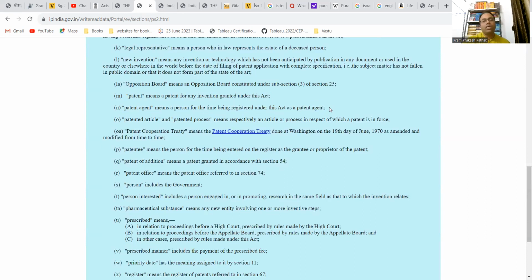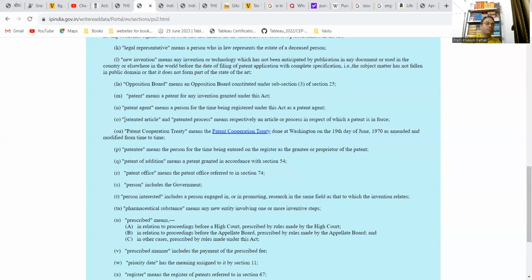Even if he has passed the exam and was once registered as a patent agent, but somehow his name is not there in the register, then he is not called a patent agent. For the time being, when the person is applying or acting on behalf of a patent agent, at that time he must be a registered patent agent. Then only he is called a patent agent.